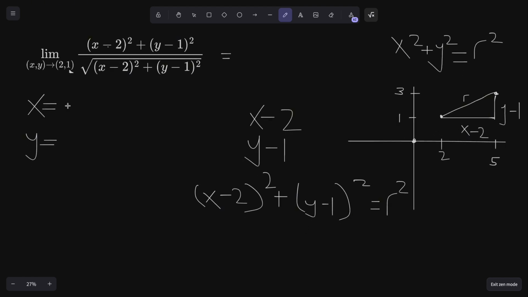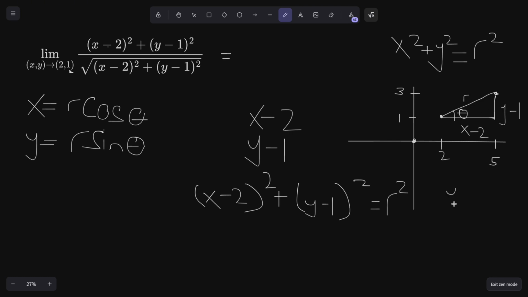All right, what about the other properties? We said that x is equal to r cosine of theta originally, and y is equal to r sine of theta. But how do we do it here? Well, if we have this angle theta that we make, then sine of theta is opposite over hypotenuse.